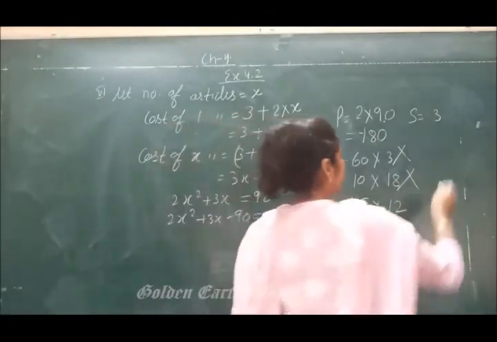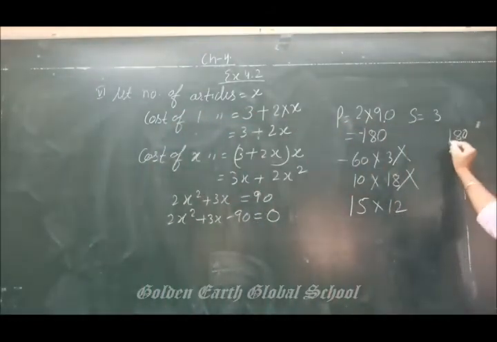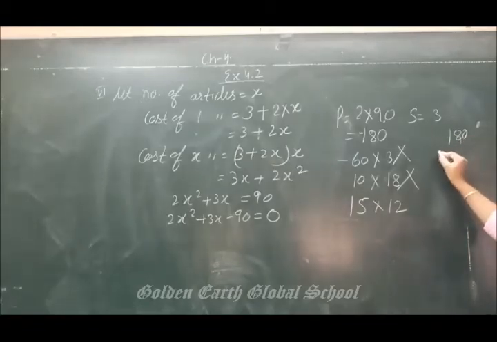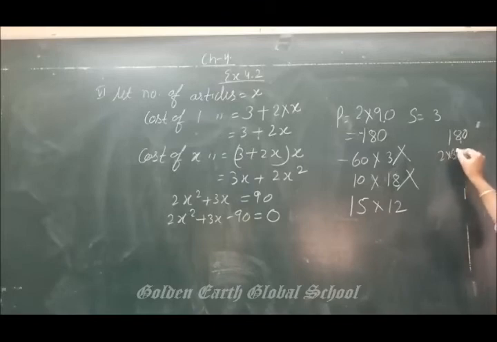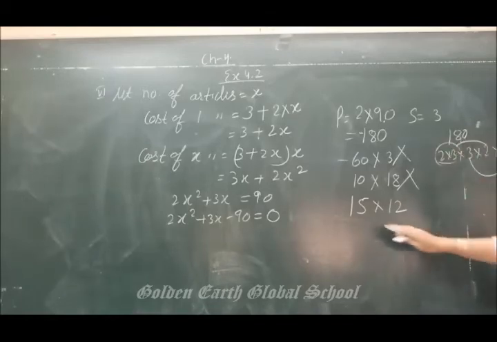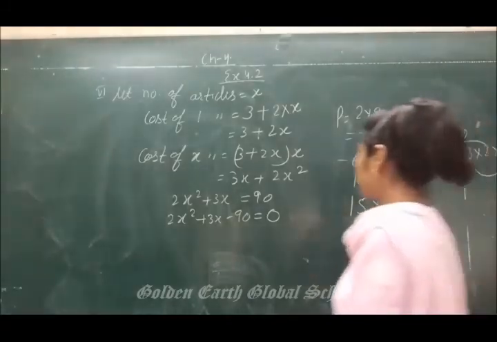You can check it by prime factorization. Prime factorization of 180. See, 5 3s are 15, 3 2s are 6, 6 2s are 12. So 15 minus 12 is 3.